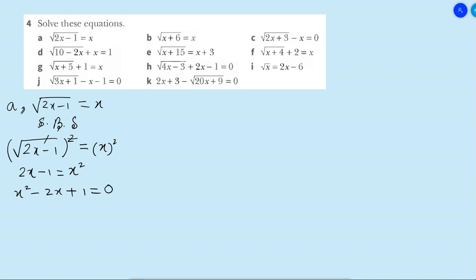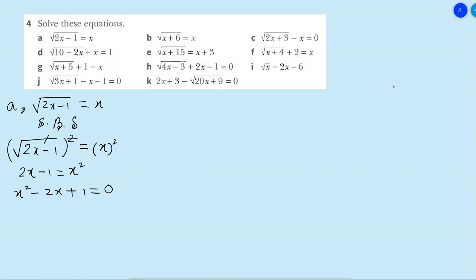Now this is a quadratic equation, and we can solve it by using the middle term break method or by completing the square. For this question I will apply completing square because it easily converts into the a square minus 2ab plus b square form.